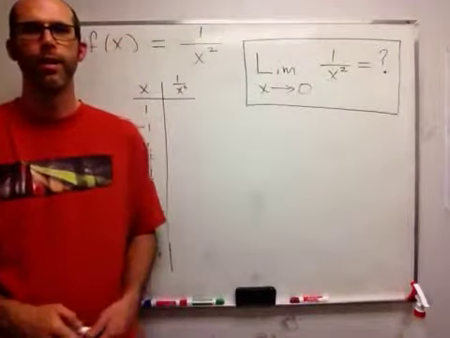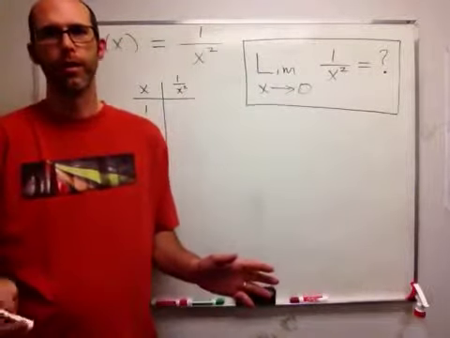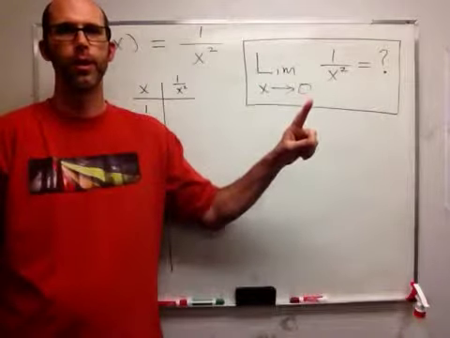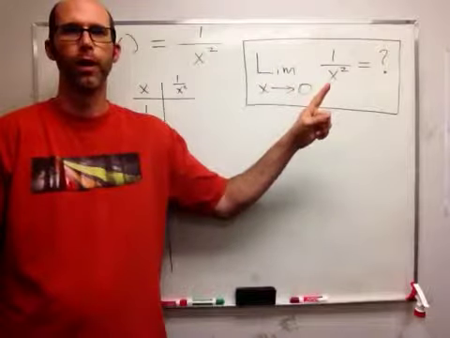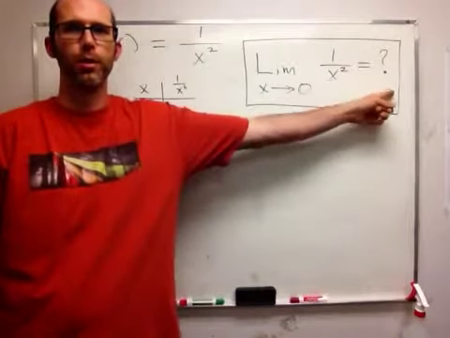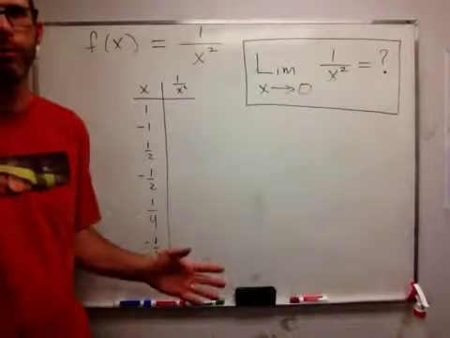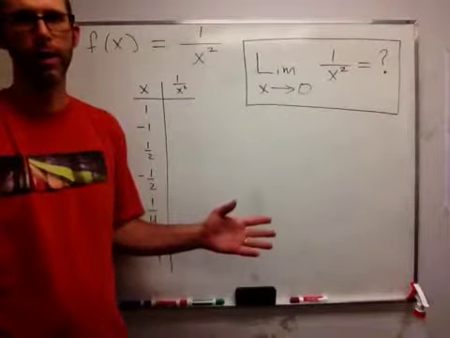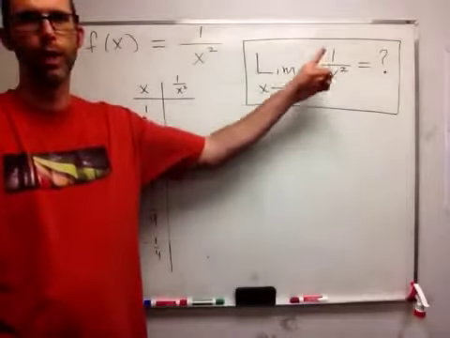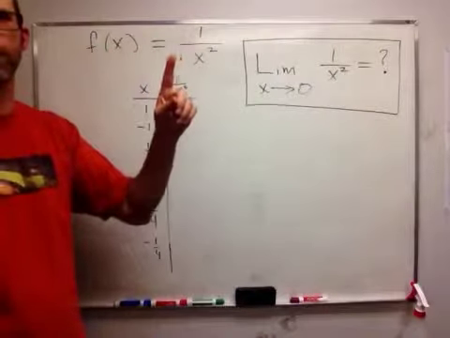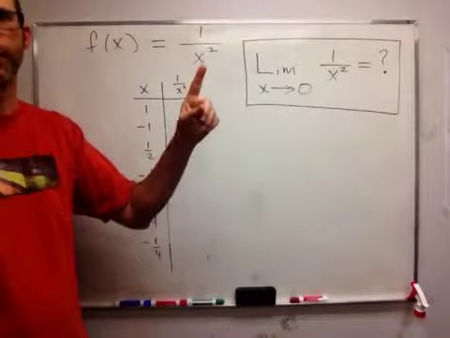Welcome back. Alright, so now we're going to try and figure out what the limit as x gets close to 0 of 1 over x squared is equal to. The function here is 1 over x squared, so that's why I have f of x equals 1 over x squared here.